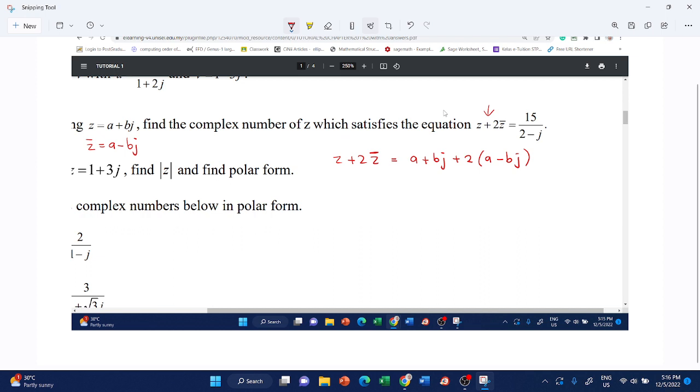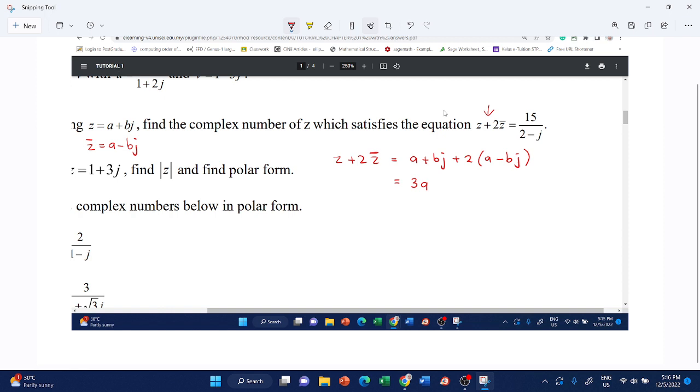Okay, so this one you sort, real dengan real, imaginary with imaginary lah. So these 2 times a minus bj, you open the brackets lah. So you can combine. So here you have 3a. Okay, 3a kan, a plus 2a kan. Yeah. Okay, how about j?